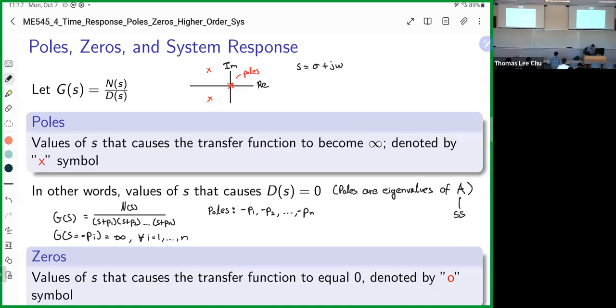And this might be a little bit too early, but this is the actual definition in the box here.